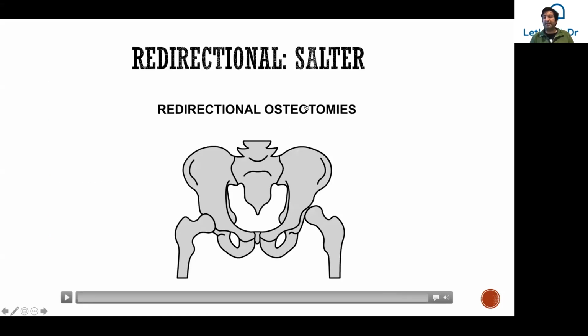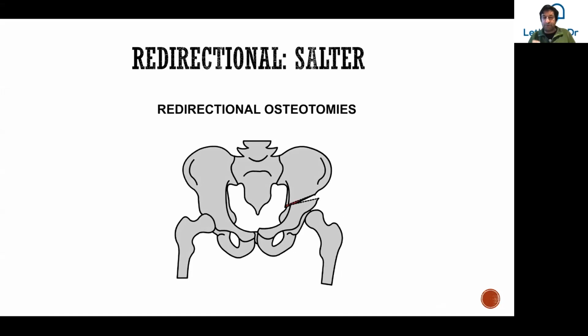So Salter is an example of a redirectional osteotomy, and you are making a single cut from the ilium to the sciatic notch. And basically, you're rotating the hip around an open triradiate cartilage. So it has to be an open triradiate cartilage, and the symphysis pubis has to be mobile. So it's in a younger child, okay? Because the acetabulum is hinging through that symphysis pubis.